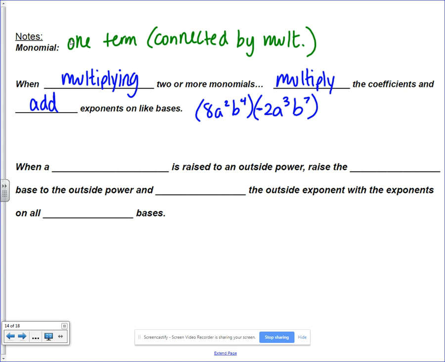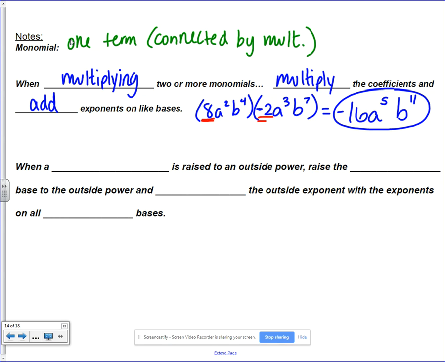So, folks, do you agree that this is a multiplication problem? Okay. So, what are we doing with these coefficients? Which gives you what? What are we doing with the exponents? So, this will be a to the and b to the 11th power. Okay? That's the first type of problem we learned about yesterday.